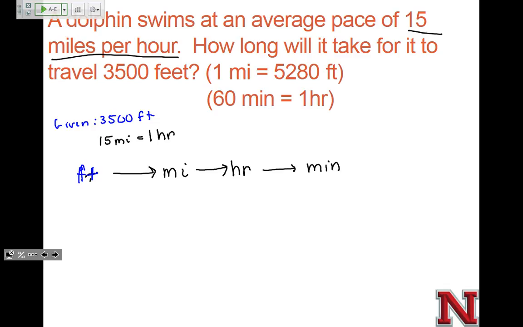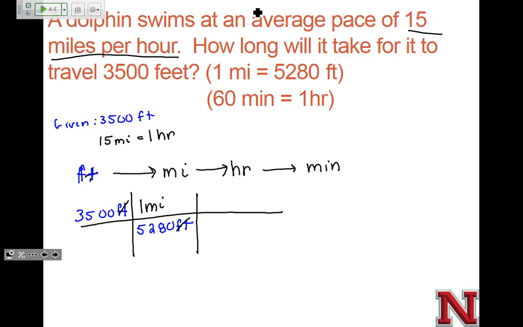We're starting out with 3,500 feet. And feet are going to go at the bottom. And that equals 1 mile. My feet can cancel out. Then I have my relationship that was given to me in the problem.